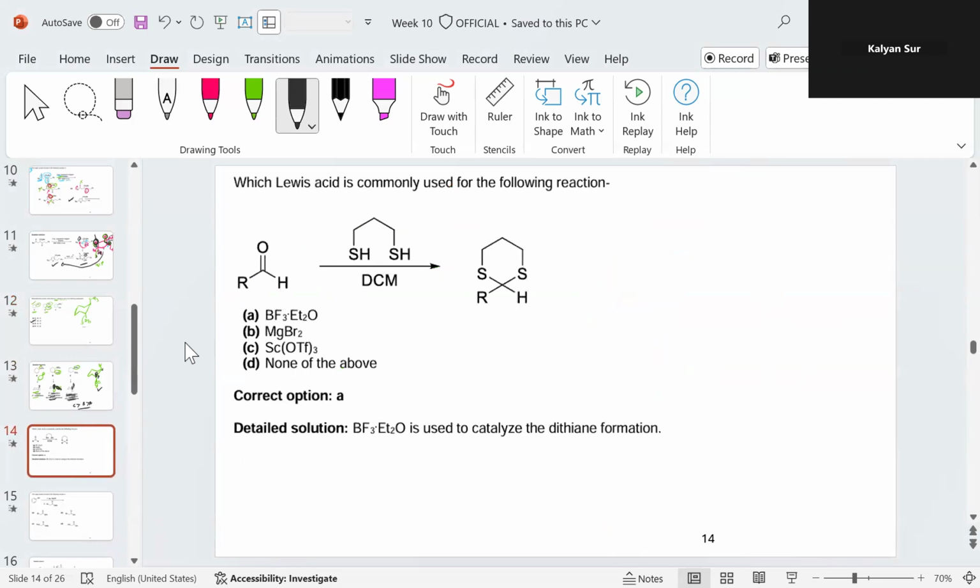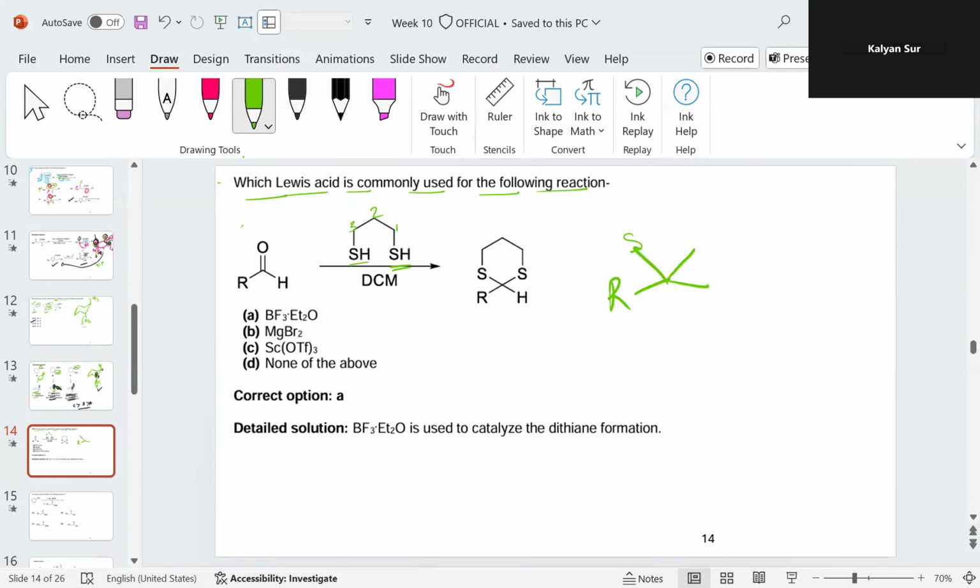The next question asks which Lewis acid is commonly used for the following reaction. We have the aldehyde and 1,3-dithiol in DCM, and this is basically an aldehyde protection reaction.